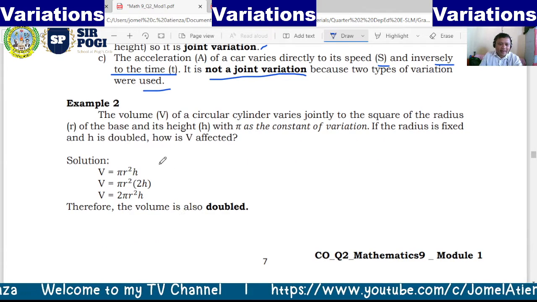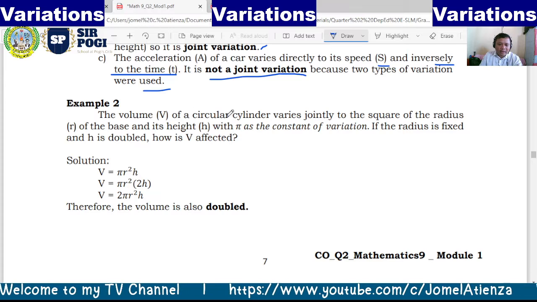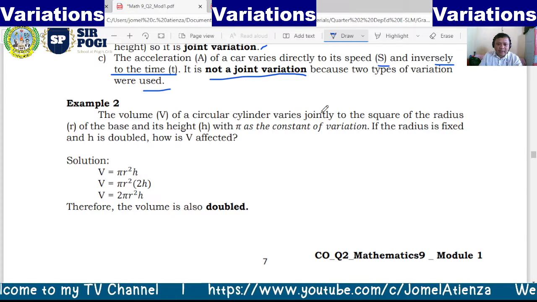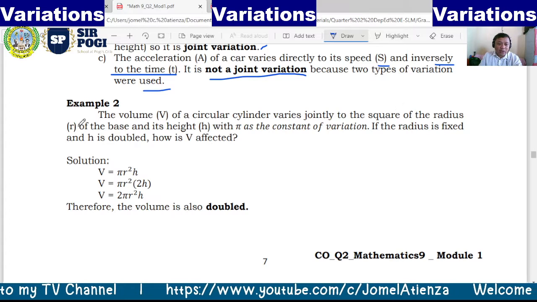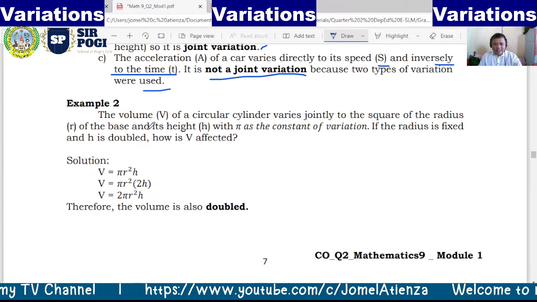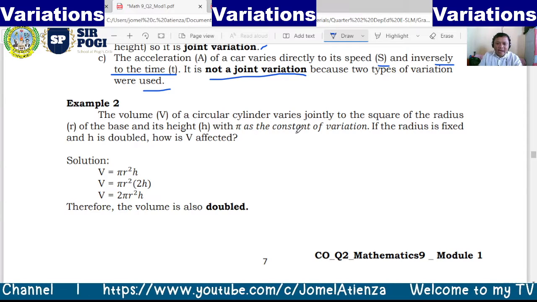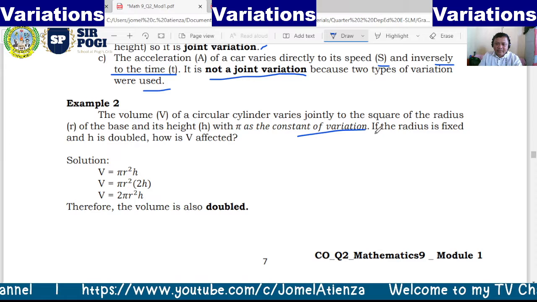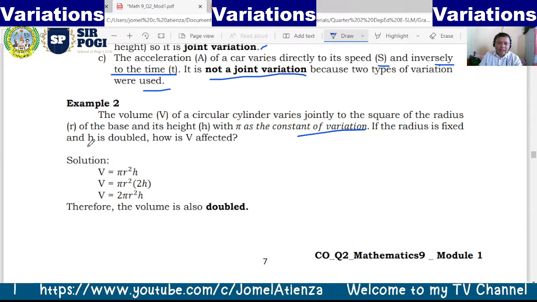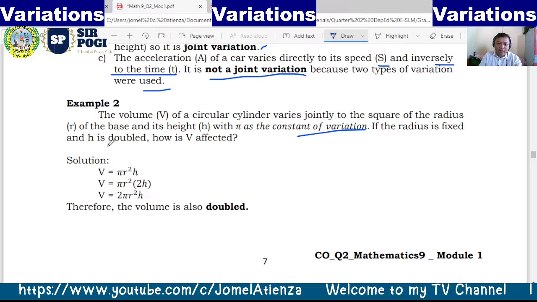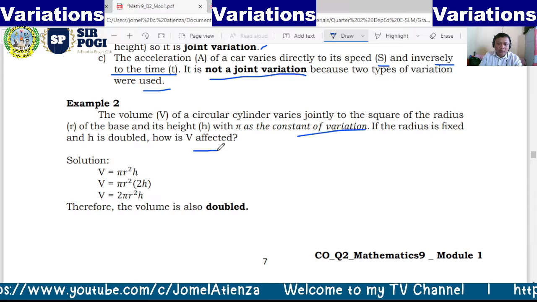Okay? Now, example: the volume V of a circular cylinder varies jointly to the square of its radius r of the base and its height h with pi as the constant of variation. If the radius is fixed and h is doubled, how is V affected, or yung volume?